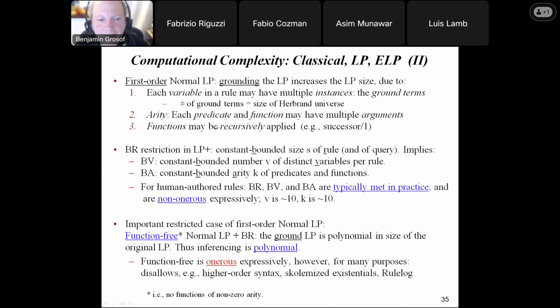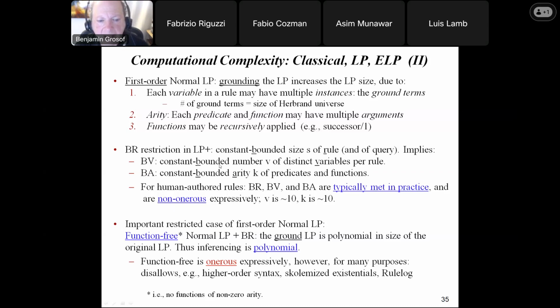But even if you did not permit logical functions with non-zero arity, logical functions at all, then you get to a much higher degree of polynomial complexity. So we'll call the BR restriction in LP and its extensions that a rule or query has a constant bound on its size syntactically.